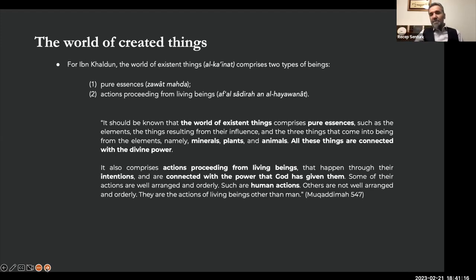So the world includes the outcome of the actions of living beings that happen through their intentions and are connected with the power that God has given them. Some of their actions are well arranged and orderly, such as human actions. Others are not well arranged and orderly. They are the actions of the living beings other than man. So there are two levels of existence.